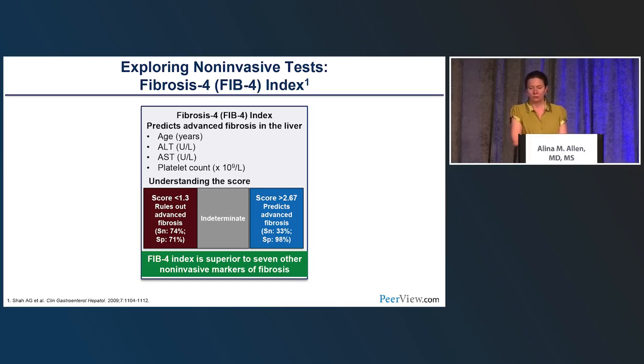The lower cutoff is 1.3. Anyone with a score lower than 1.3 can be pretty accurately ruled out as having advanced fibrosis. You can see the sensitivity and specificity parameters listed there. The higher cutoff is 2.67, and this cutoff is used to predict advanced fibrosis with a lower sensitivity of 33%.